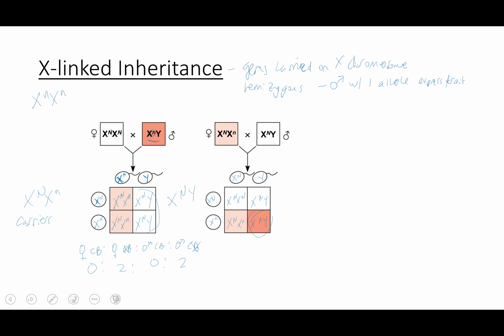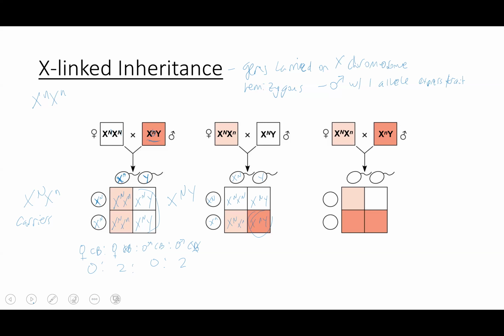Okay, last possibility. What if you have a carrier mom and a colorblind dad? What's going to happen?